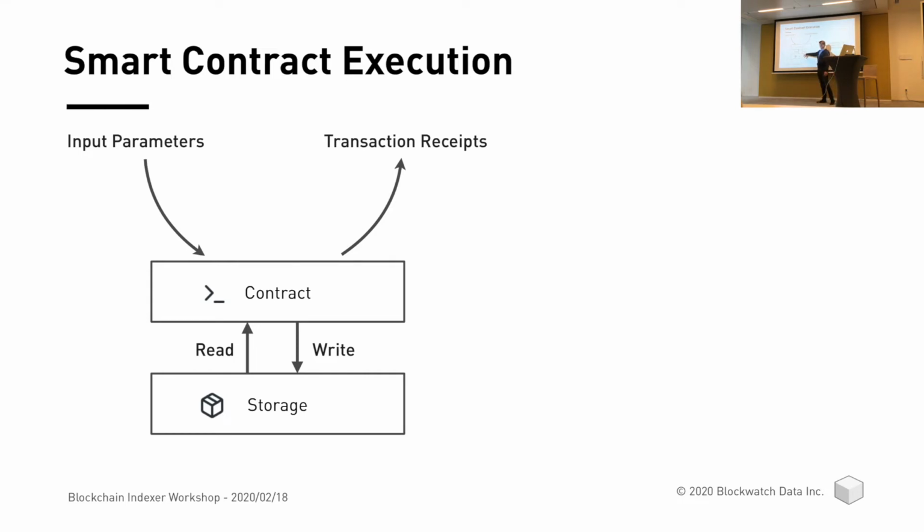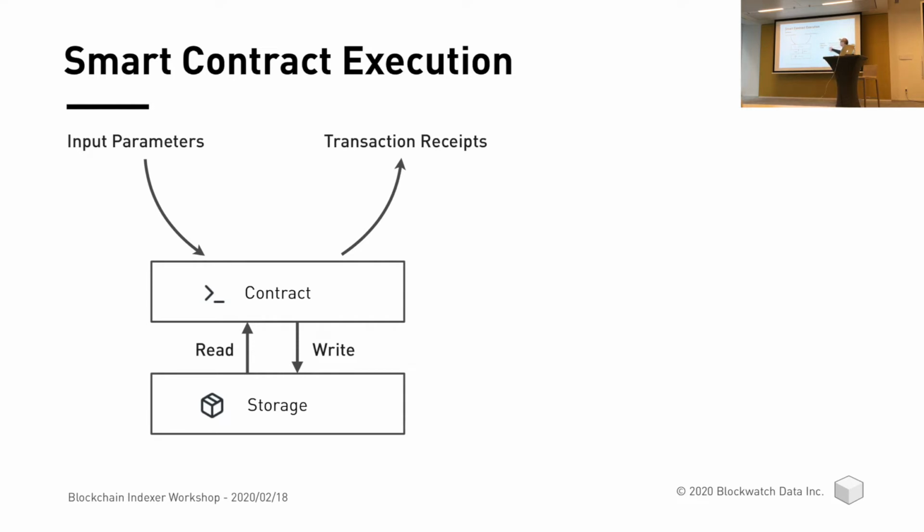The reads and writes don't really exist explicitly in Bitcoin because there are no smart contracts and no arbitrary storage. Basically, the only thing that's stored in Bitcoin is the outputs. And the outputs are called UTXOs, unspent transaction outputs. And that's basically the two things you see when you look at a Bitcoin transaction. When you dissect the binary, you have an input script, and you have a list of unspent outputs.